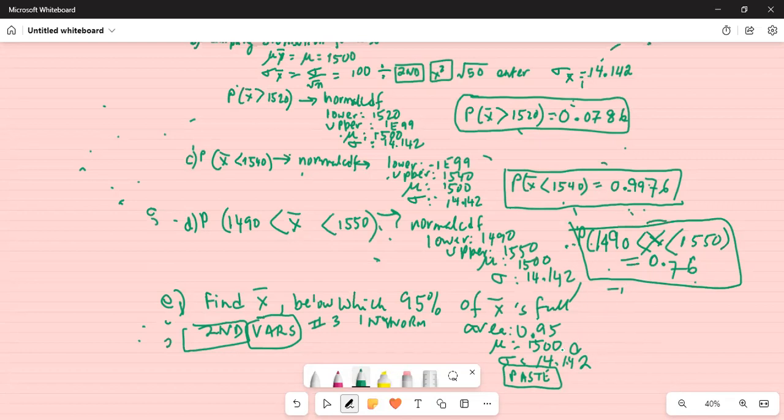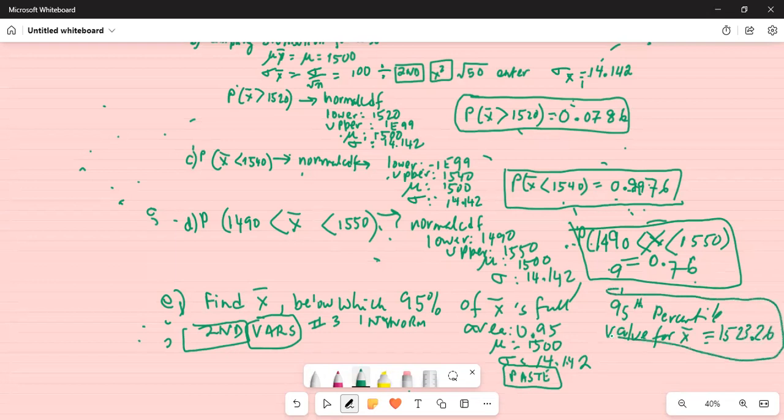The 95th percentile value for X bar is equal to 1523.26. That's the answer for part E.